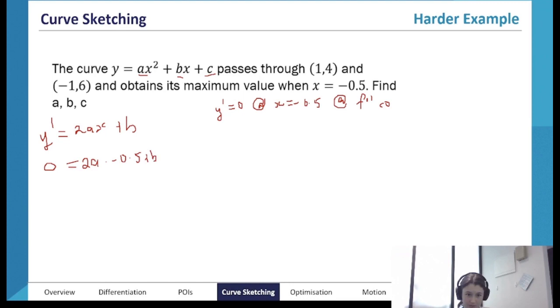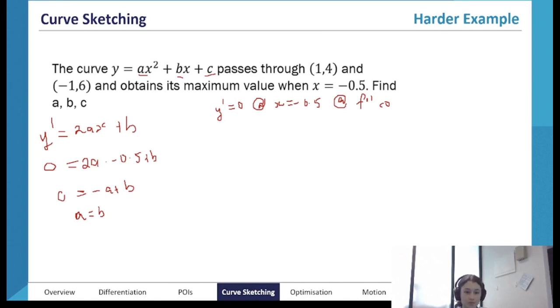So this is going to give us 0 equals negative a plus b, which gives us that a is equal to b.